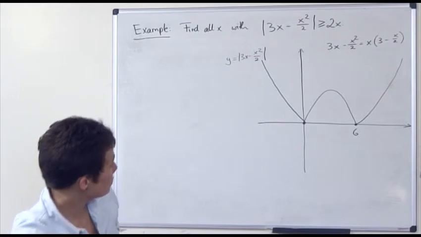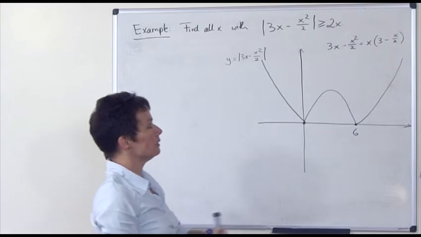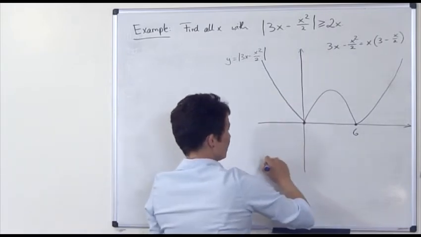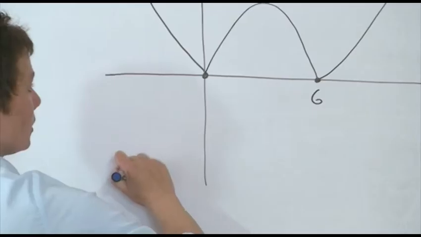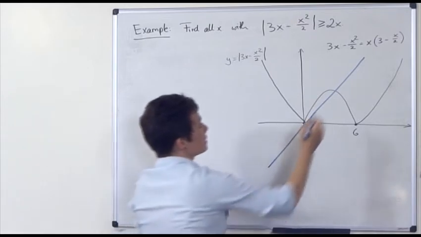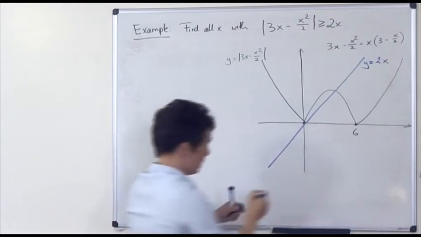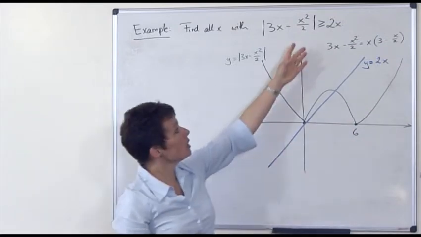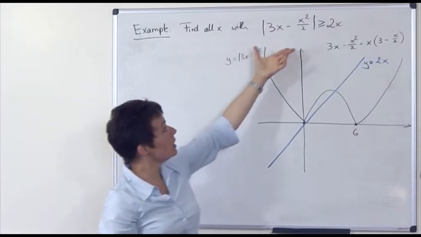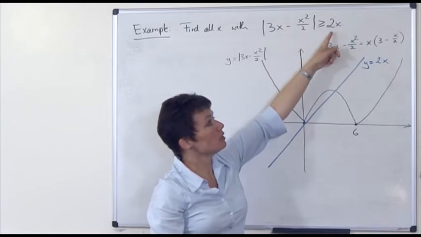Into the same picture we are going to graph y equal 2x. That's just a straight line through the origin, looking roughly like that. Right, so this is y equal 2x. Now solving this inequality means I ask myself for which x is this expression greater than or equal to this expression.